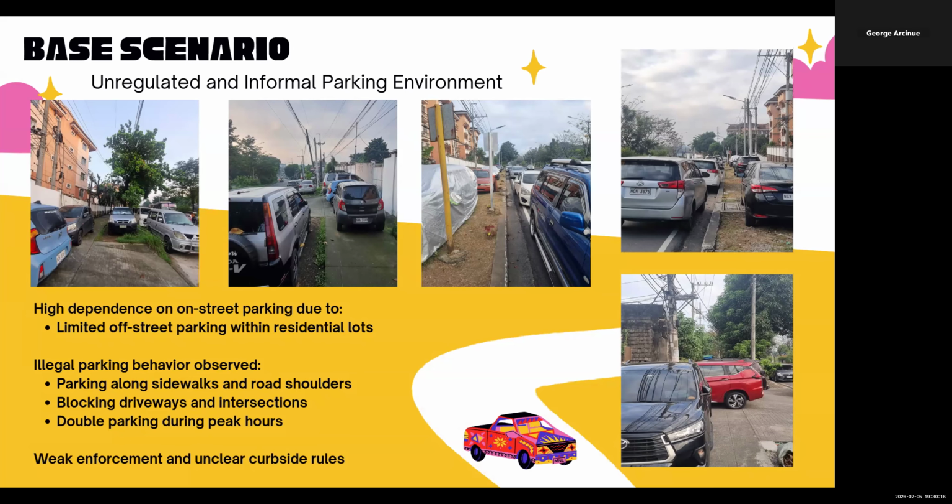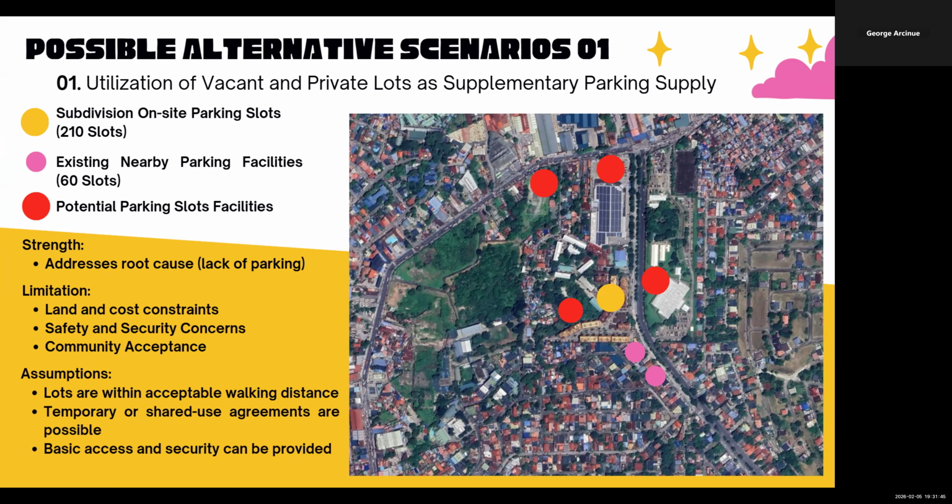The red nodes highlight the vacant or underutilized private lots that may be converted into temporary parking spaces. The main strength of this scenario is that it directly addresses the root cause of illegal parking, which is the lack of parking within the subdivision: the demand exceeds the supply. This scenario also has several limitations, including land availability and cost constraints, safety and security concerns, and community acceptance.